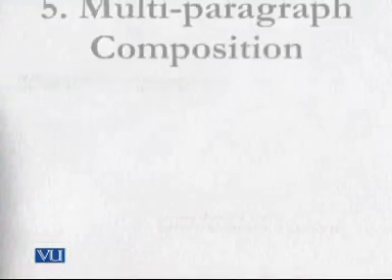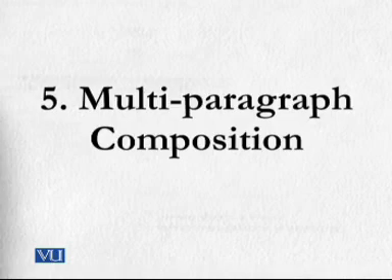Let's now move towards our next type of paragraph, which is what? Multi-paragraph composition. Now we are moving to the third category of language writing. Look here. The first small unit was the sentence, and a sentence had how many characteristics? 4.